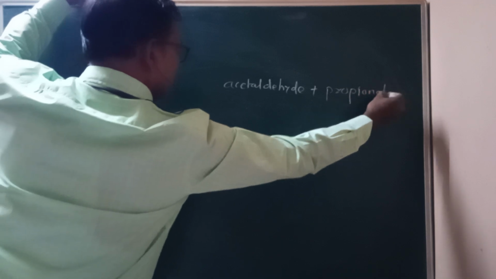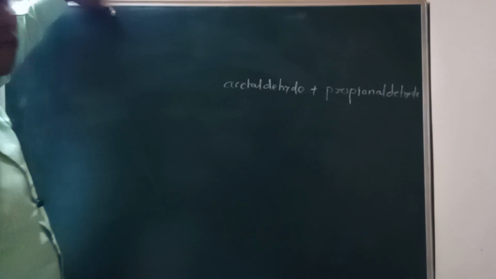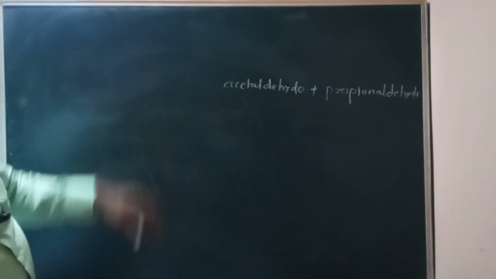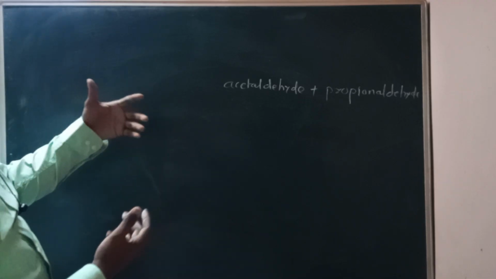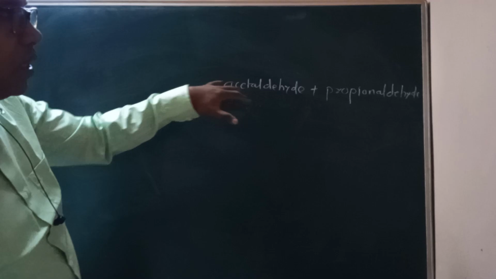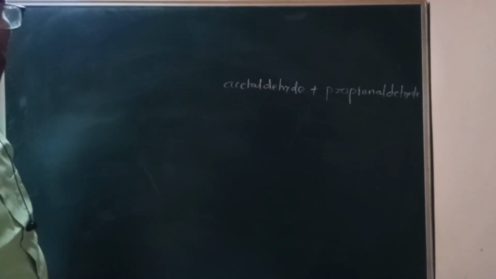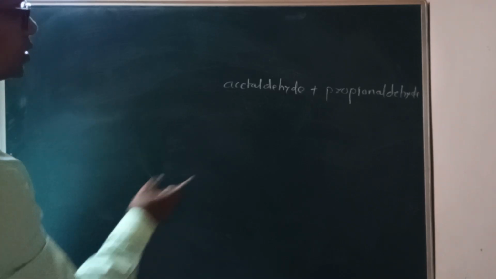Then what will be the structure of the alkene? Or a question like this: which among the following alkenes on ozonolysis gives a mixture of these two, that is acetaldehyde and propionaldehyde? So it's a reverse question. Don't worry about it. It's a very simple one.